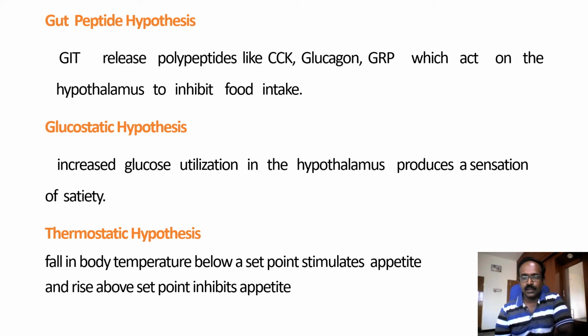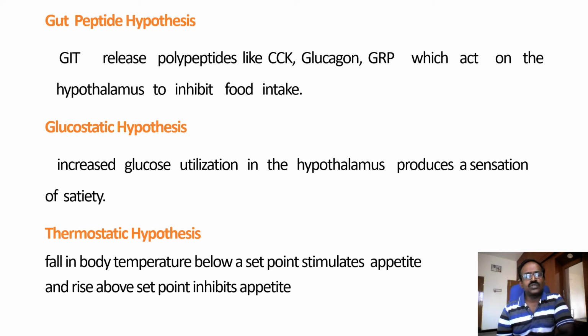This is one concept, the gut peptide hypothesis. The next one is the glucostatic hypothesis. Increased glucose utilization in the hypothalamus produces the sensation of satiety. The glucose enters the ventromedial hypothalamus and inhibits feeding.